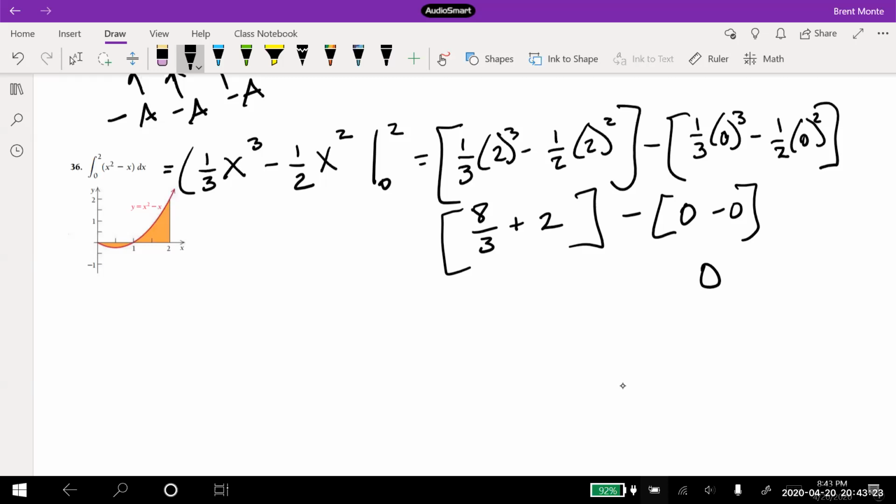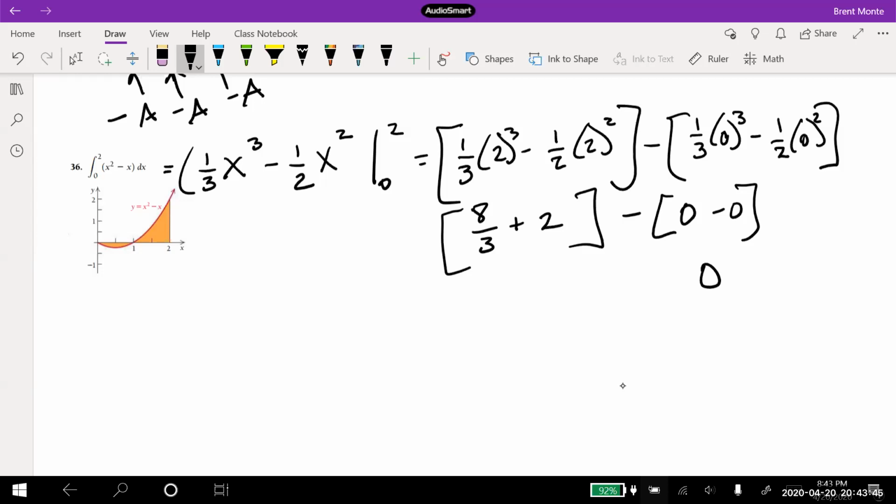If I've got a nice polynomial that I'm integrating, and I have 0 that I'm going to plug in, that's always going to go to 0. You need to be a little bit careful, because if that's e to a power, e to the 0 doesn't go to 0, e to the 0 goes to 1. But if you've got a polynomial, you can look easily and see that whole thing goes to 0.